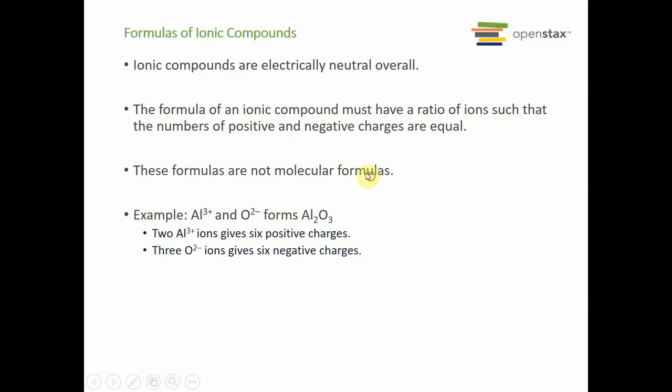So you notice that the number of positive charges that come from aluminum, you got 2 aluminums with the 3 plus charge, so that's 6 positive charges. And so to balance that, you have to have 3 oxygens with a 2 minus charge to give 6 negative charges. And so overall, it has a net charge of 0, and it's Al sub 2 O sub 3.